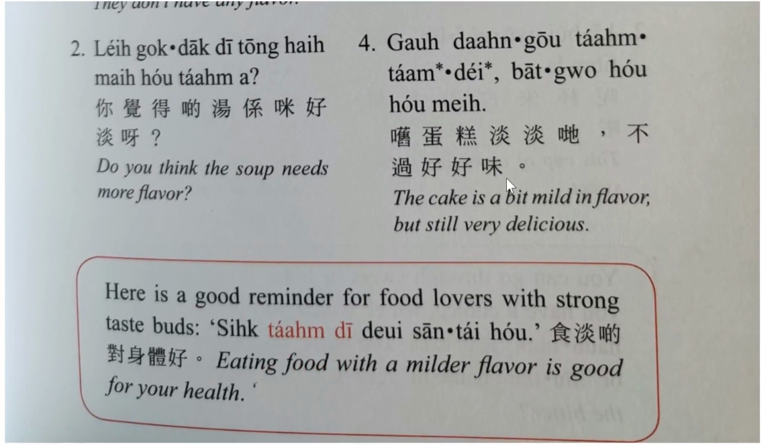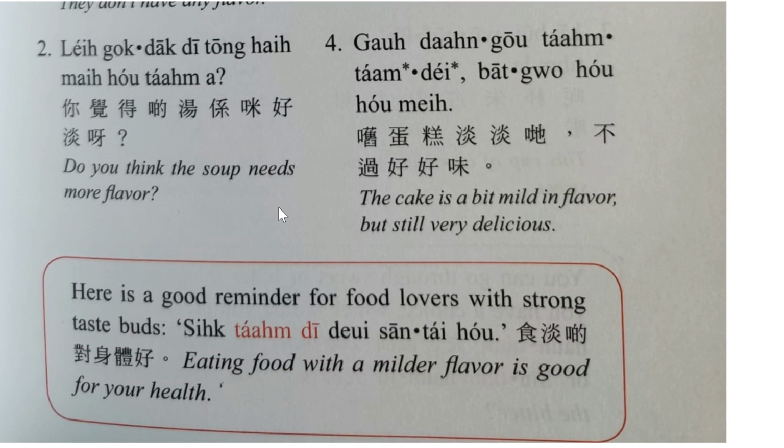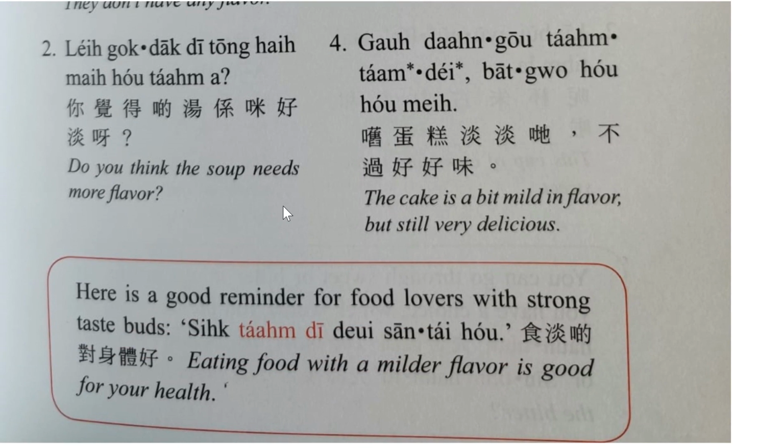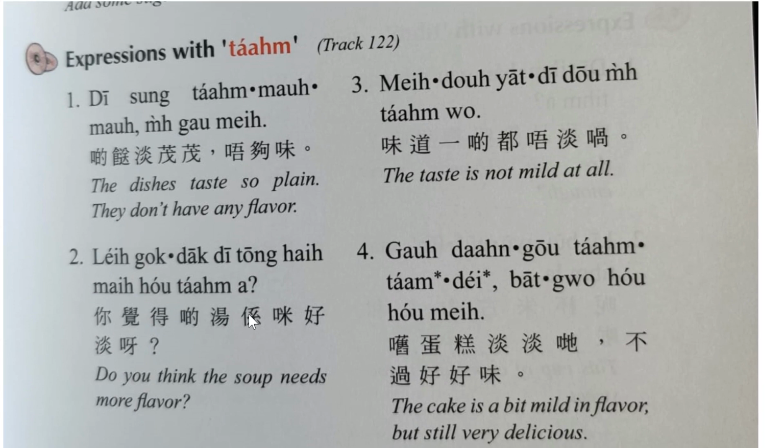For the final part, you have some extra description below. Maybe you can read it by yourself. Let's see the sample sentences. 啲餸淡茂唔夠味.